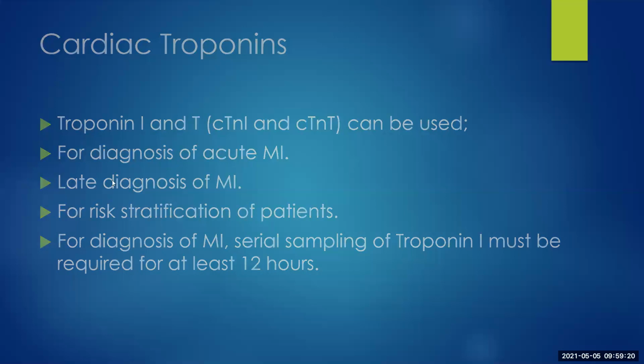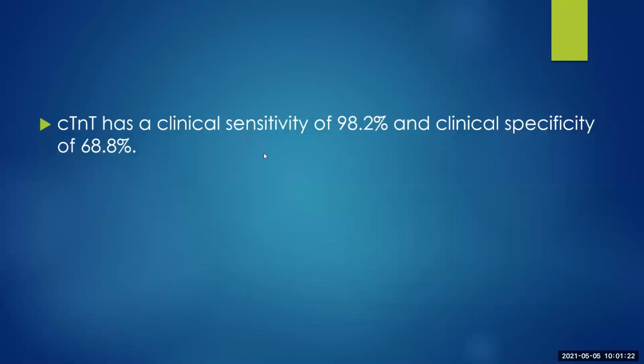If you see the statistical value here, cardiac troponin T has a clinical sensitivity of 98.2% and a clinical specificity of 68.8%. So 98.2% is a very high sensitivity rate. It helps us detect the possibility of myocardial infarction in larger quantity and faster in clinical samples.